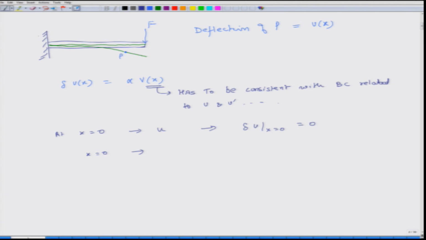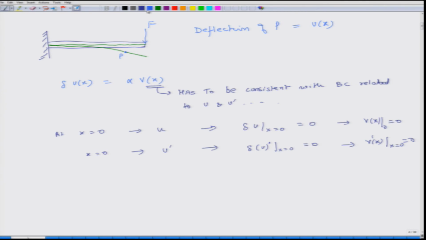Slope is 0, it is a fixed cantilever, which means the slope of the variation also should be 0. This means v of x at 0 should be 0, and v prime of x at x is equal to 0 should be 0.